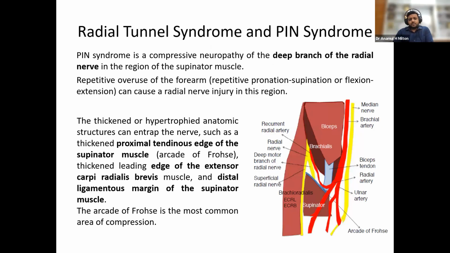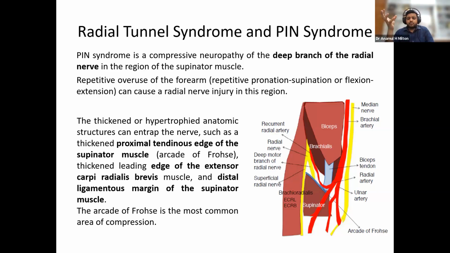Here the very important part is the posterior interosseous nerve, because it comes between two muscles, the superficial and deep heads of the supinator muscle. When the posterior interosseous nerve comes through in between these, at this transitional part, it may be compressed or entrapped, and it causes the distal symptoms.